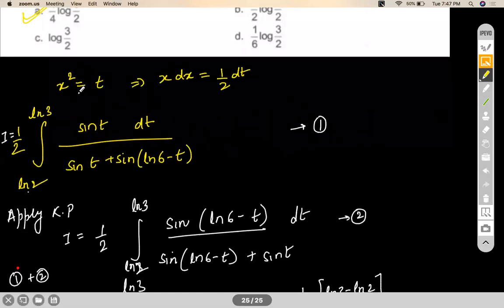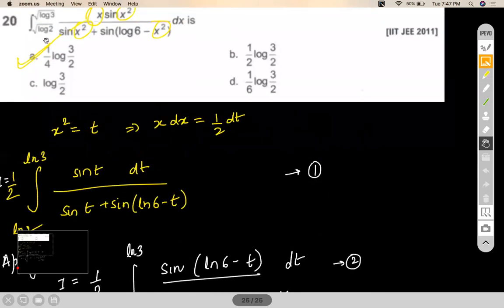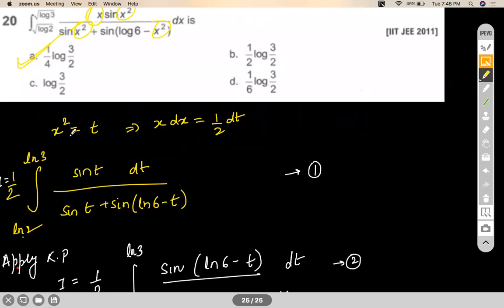When you're replacing a variable with another variable, so when you put under root of ln 2 over here, what does t become? Yeah, what happens to t when you put x as under root ln 2? Zero.